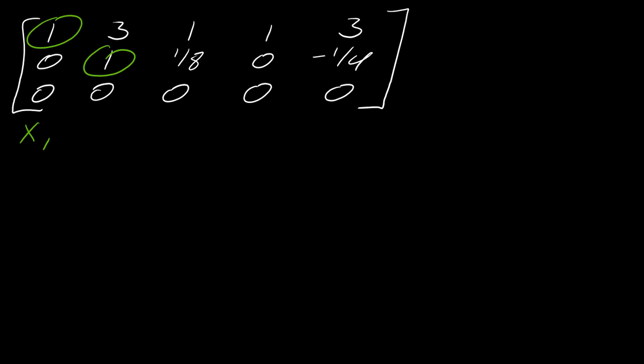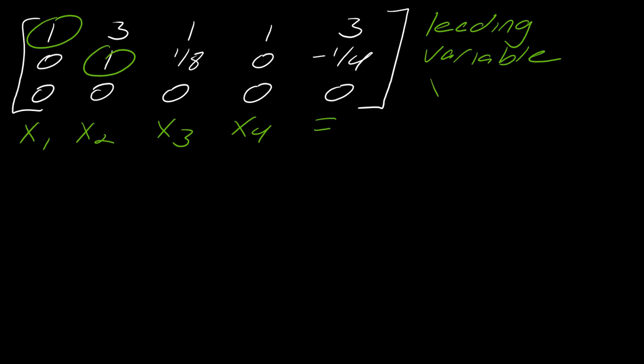And remember, this corresponds to x1, x2, x3, x4, and this is what everything equals. Anything that was a leading 1 is also going to be a leading variable. So my x1 and my x2 are my leading variables. Therefore, anything that's not a leading variable is going to be a free variable. So my free variables are going to be x3 and x4.